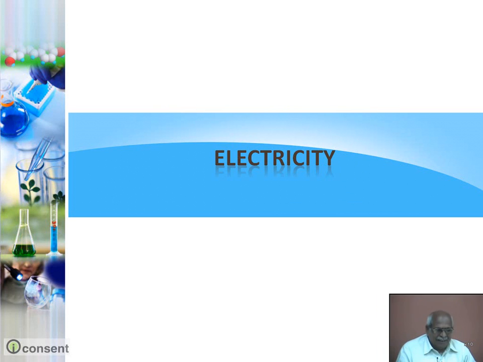These aspects were investigated experimentally by scientist Coulomb. Therefore, the laws governing interaction force between electrical charges is called Coulomb's law. What is this Coulomb's law? You must have studied.